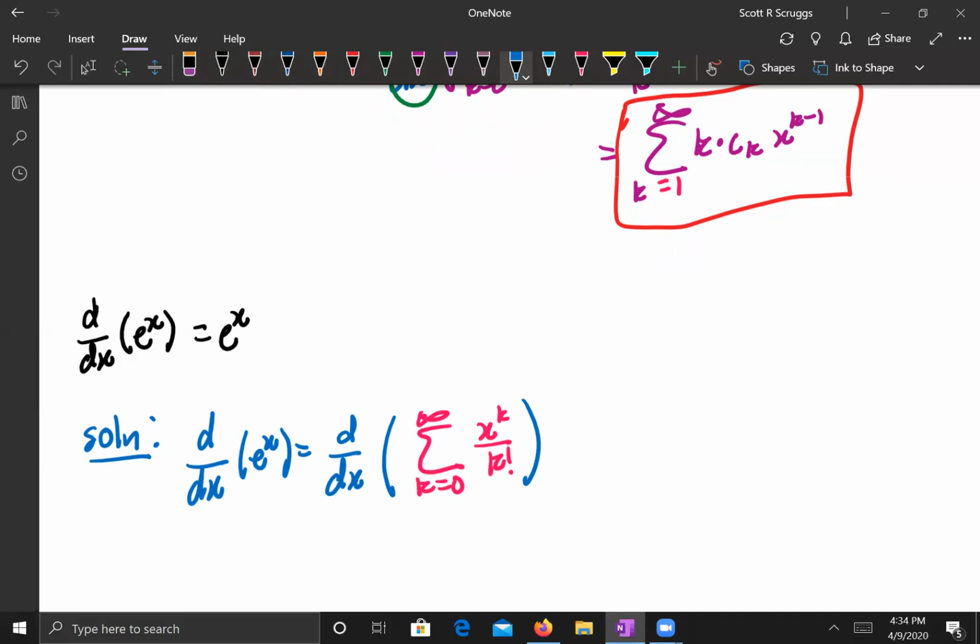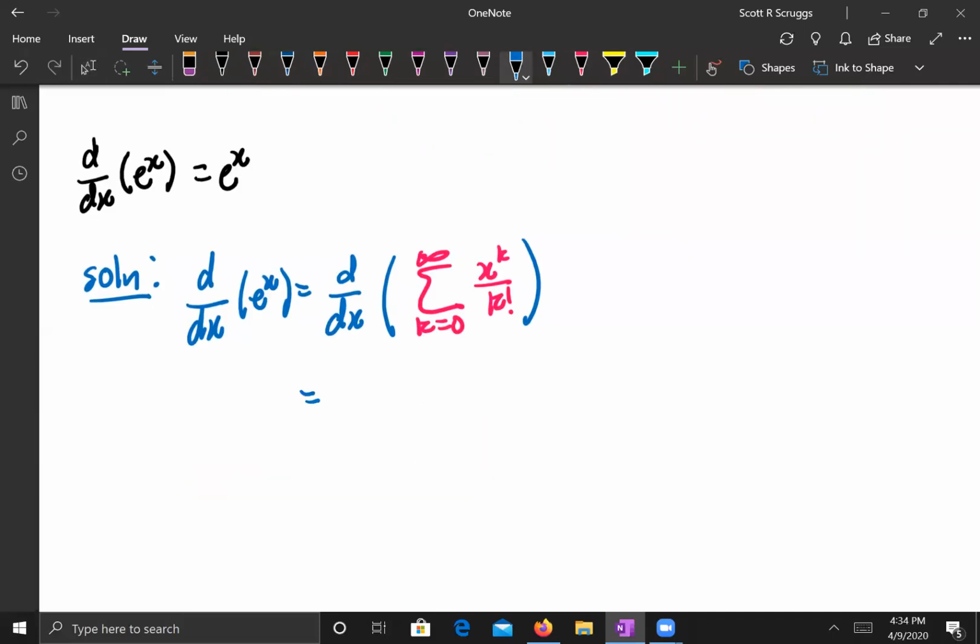by my property of power series. I can move the derivative inside the power series to give me the sum from k equals 0 to infinity of the derivative of x^k over k factorial. The k factorial is a constant with respect to x, but I'll take a derivative with respect to x^k.